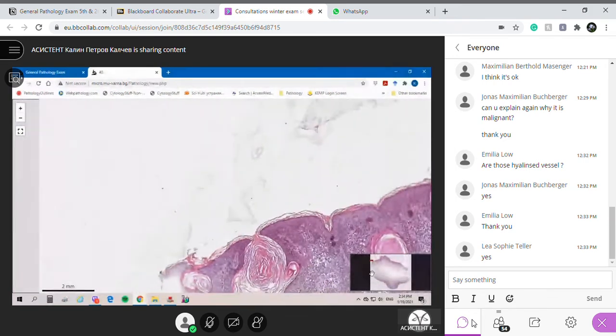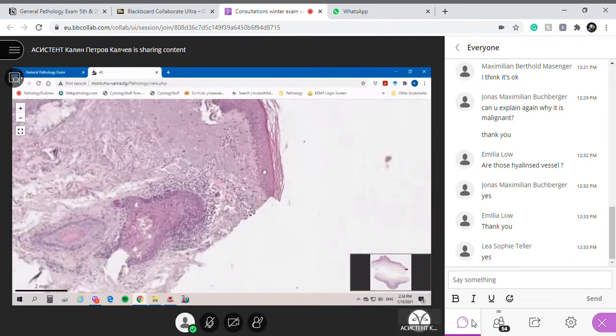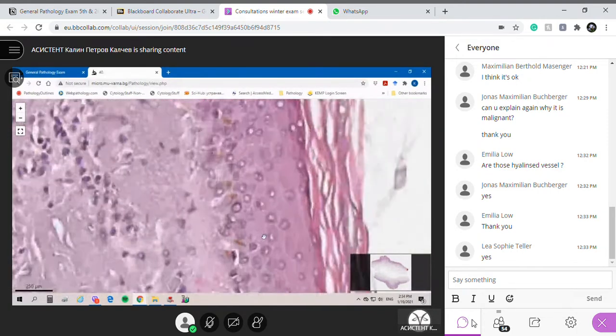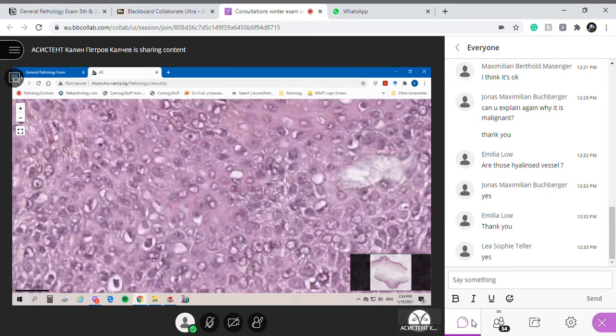I showed it here. Okay, look at the cells in the normal epidermis. Look at their shape, the size of their nuclei. It is quite a normal epidermis. And I will show you now the abnormal epidermis in the tumor.